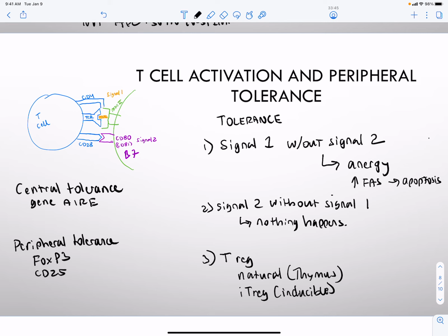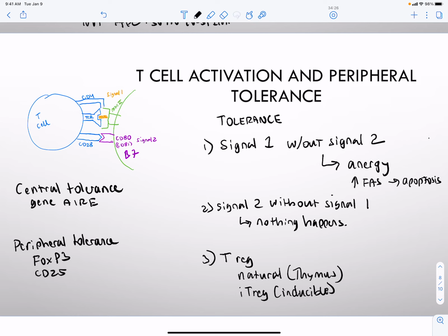And what's interesting is central tolerance does delete self-reactive T cells. However, peripheral tolerance is actually extremely important. Usually people who have deficiencies in their Tregs are not able to survive beyond a year of life. Your inducible Tregs, when you have a potential self-antigen that they recognize, they can become tolerant to that antigen and become a Treg, so that if another T cell comes along and is specific for that antigen, they can actually suppress that T cell's response. So peripheral tolerance is at that level as well.